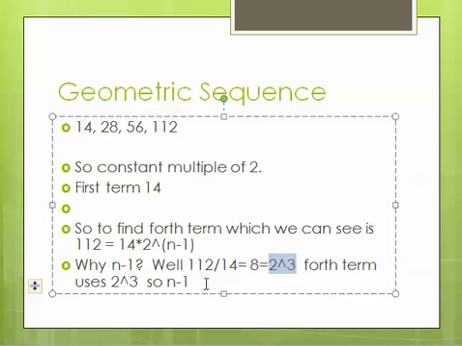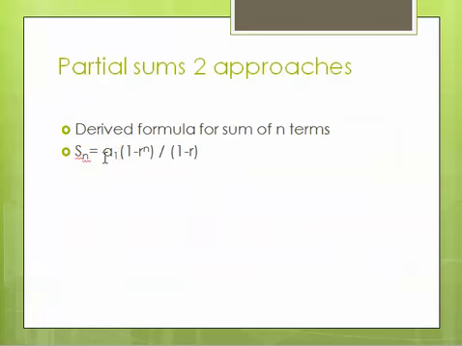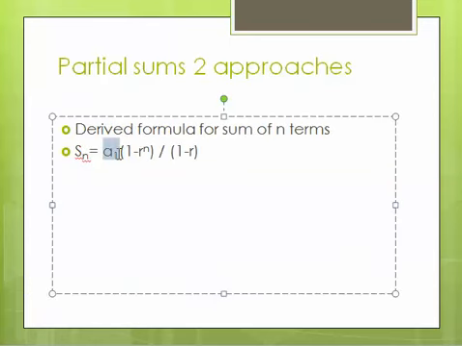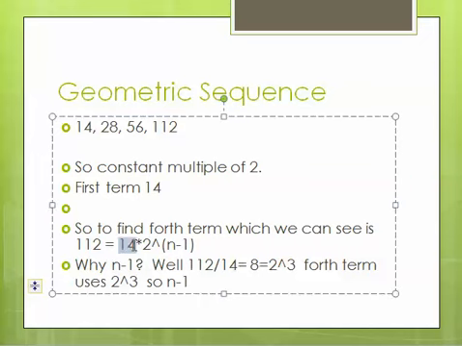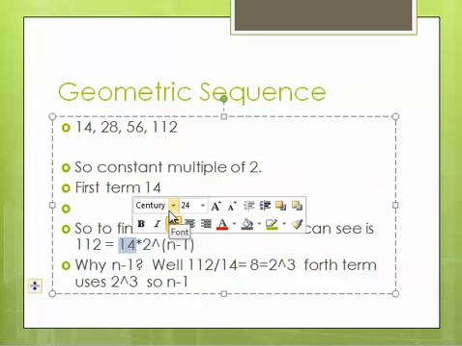So my fourth term uses 2 to the third power. So n minus 1. That becomes what the geometric sequence looks like. It's that first term, a1, times 2 raised to the n minus 1 power. That's the nth term that we're talking about there. Okay?